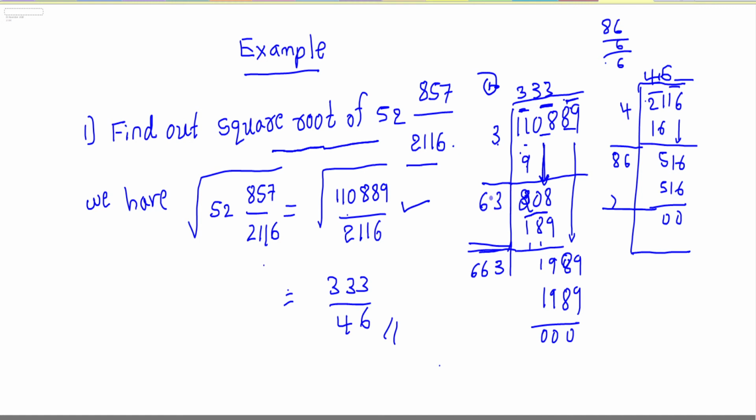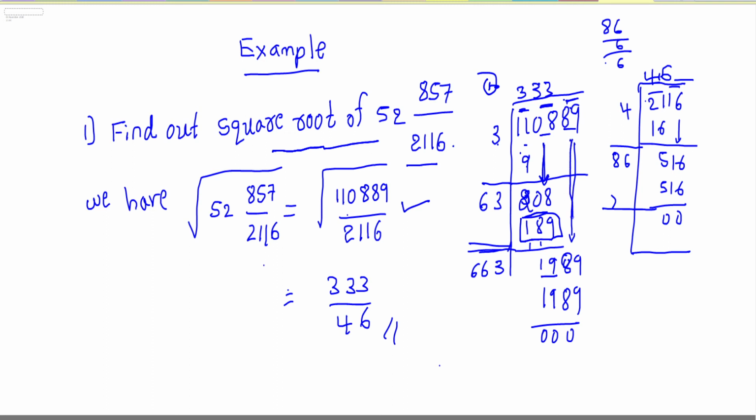Now to obtain the next divisor, we double the quotient, that is 3 into 2, which is 6, and you annex a number to this 6, which is also the next digit of the quotient, in such a way that the product of this divisor and quotient is less than 208. Therefore I can take 63 into 3, that is 189. Subtracting from 208, we get 19.